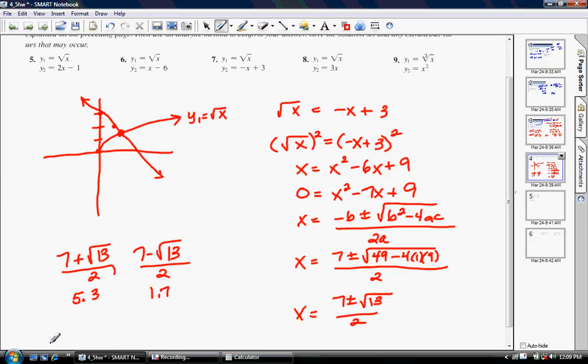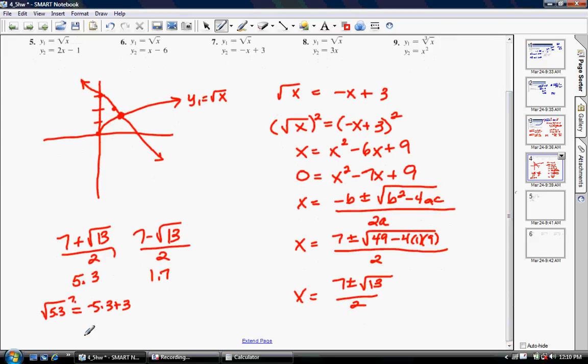So we're plugging into the original problem: is the square root of 5.3 equal to negative 5.3 plus 3? Well, the square root of 5.3 is 2.3. Is 2.3 equal to negative 2.3? No, so that one does not check out.